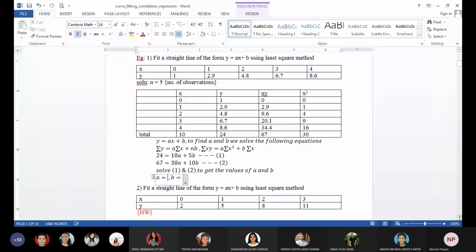Solve the two equations and get the values of A and B. Sir, A is 19 by 10 and B is 1.